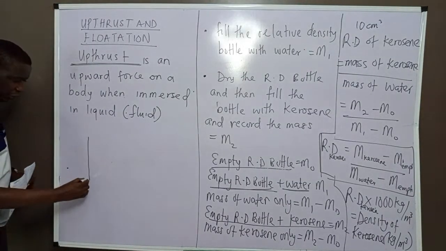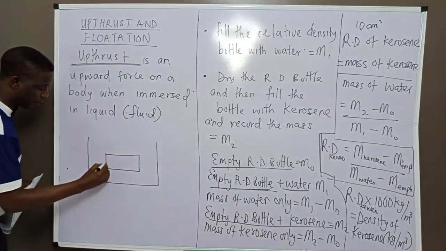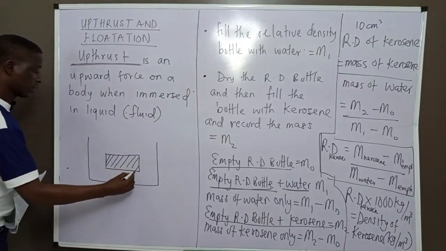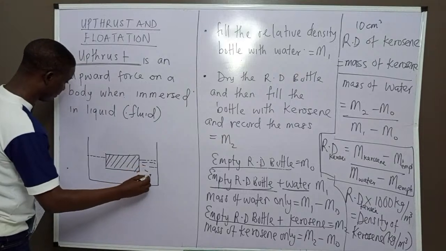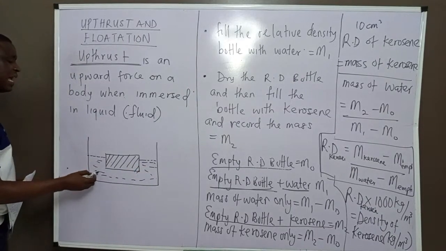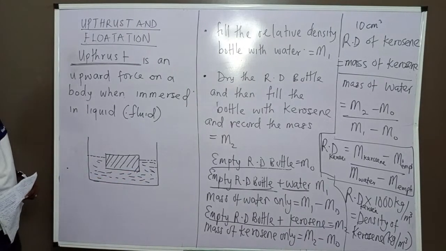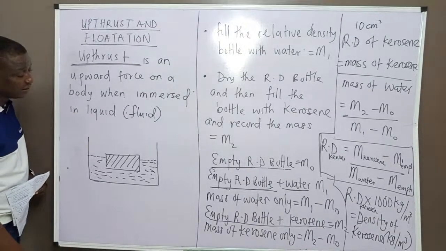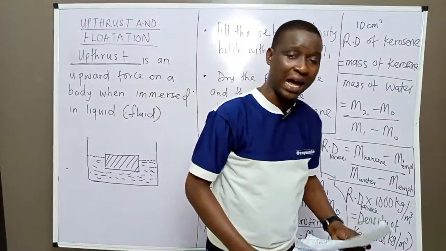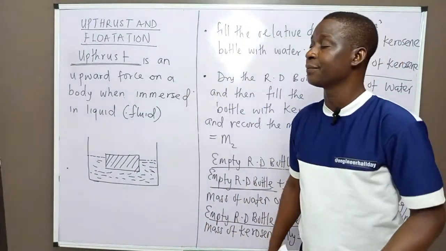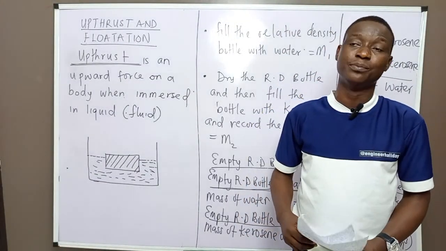Let's take an illustration. Let's have our body here, placed in this liquid. One of the examination questions at this level, under upthrust, is that they will say when a body is placed in water or in a liquid, how many forces act on the body?